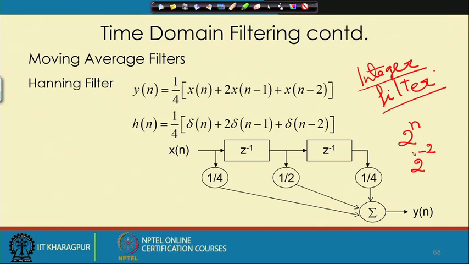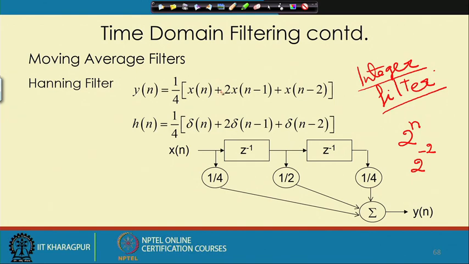And in the same way, if we choose the coefficients carefully so that they are also powers of 2, then for the first 2 cases, x n and x n minus 2, multiplication with 1, we need not do any multiplication.